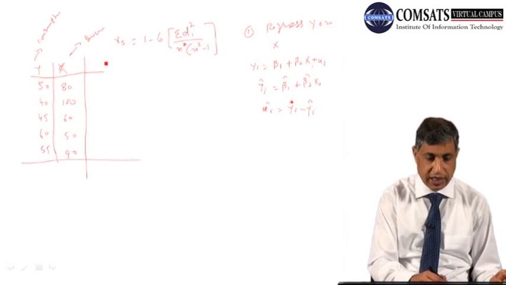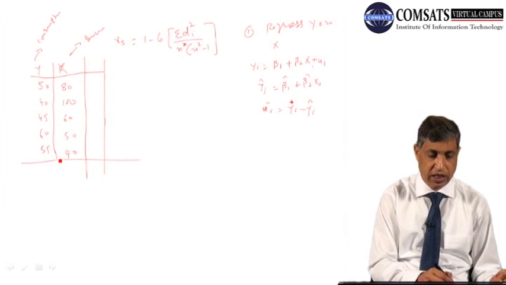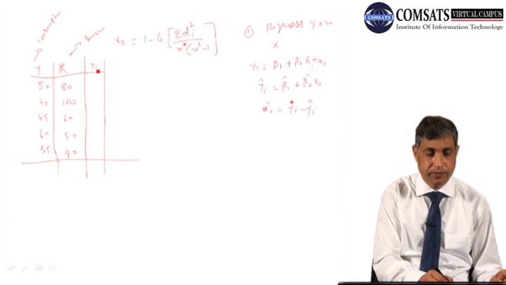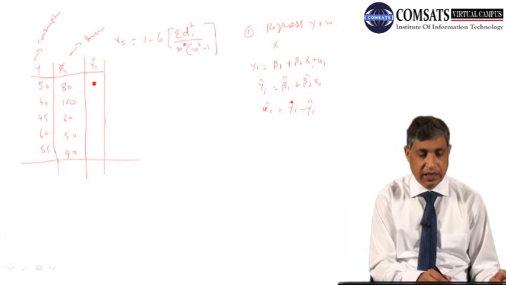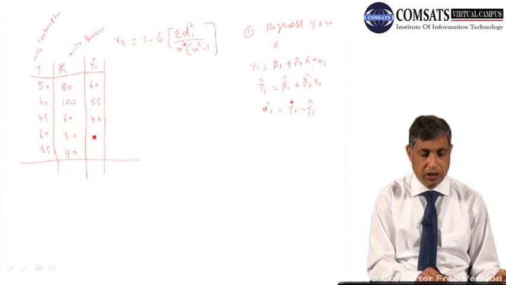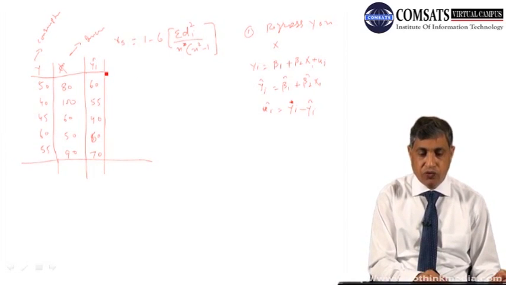So I will suppose that this is y_i and this is y_i hat, just supposing: 60, 55, 40, 60, and 70.